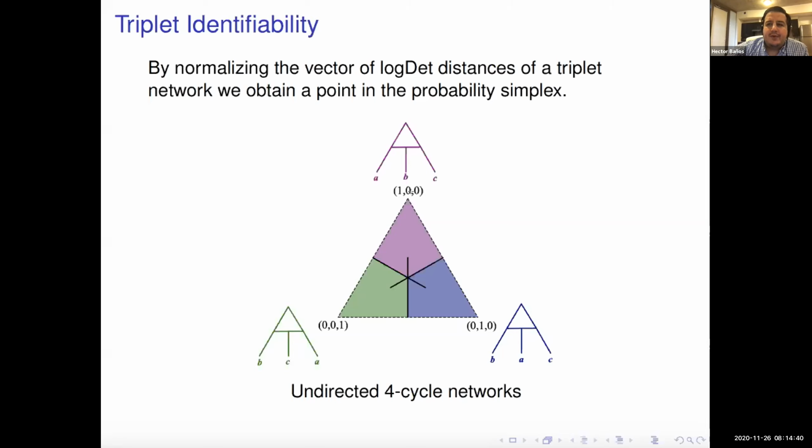So what we were able to show is that if you have a 4 cycle in your triplet, it doesn't matter who is the hybrid edge. If you have a 4 cycle, it will lie in any of these colored regions, excluding these lines in the middle. Moreover, depending on the order of the taxa, you will know in which region of the simplex they will lie.